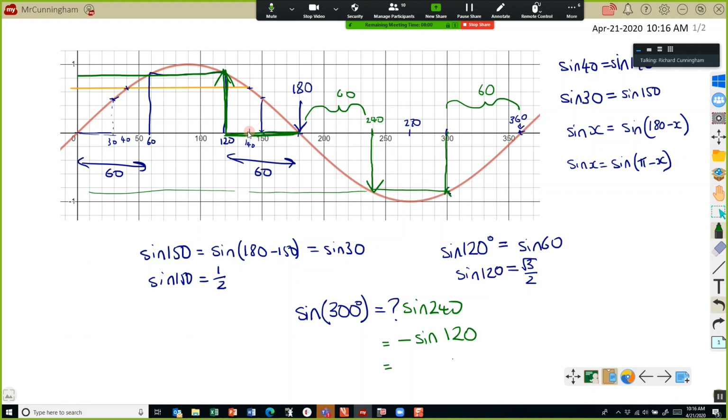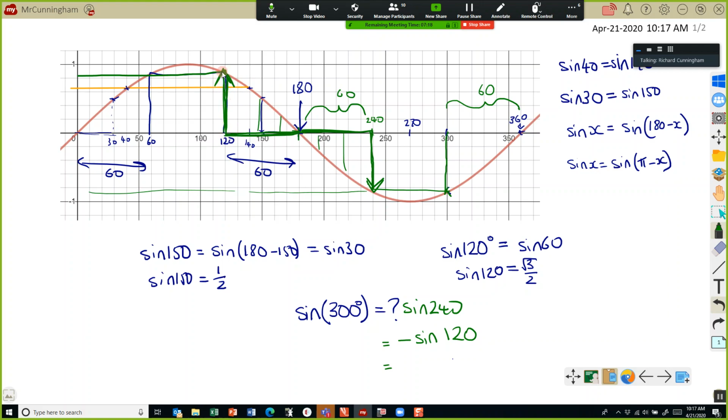If I go out in the other direction from 180, I can see that these distances, if I go out an equal amount, are going to give me exactly the same values out, except one's going to be a positive value and the other's going to be a negative value, because this curve has rotational symmetry around 180 degrees. That value is going to give me the same as that value. Yes, no? Kind of. Okay, well, we'll have another look.